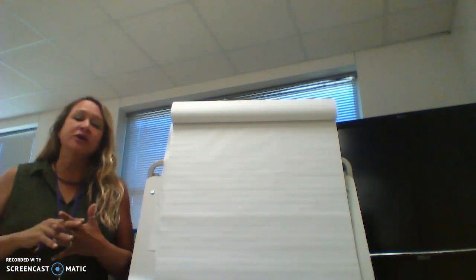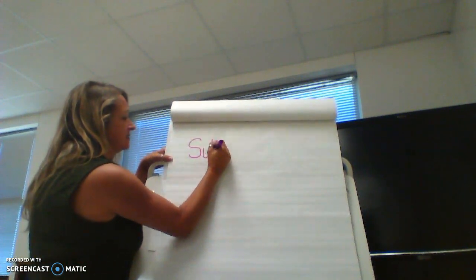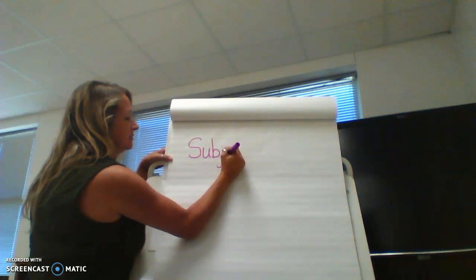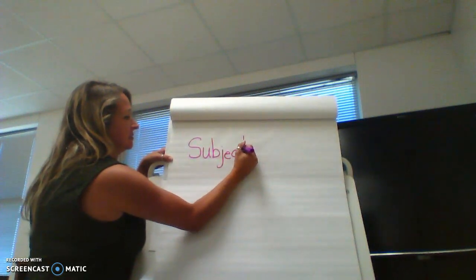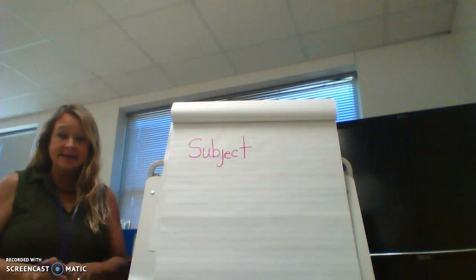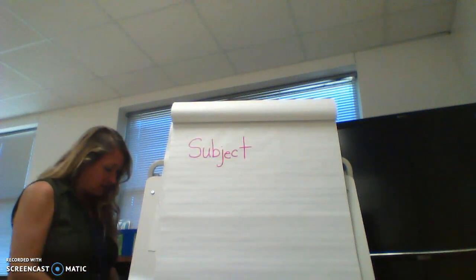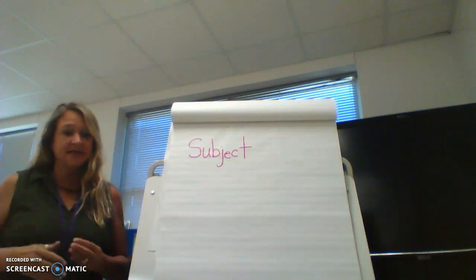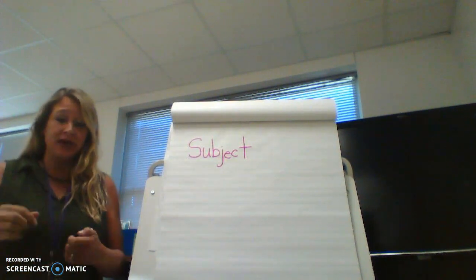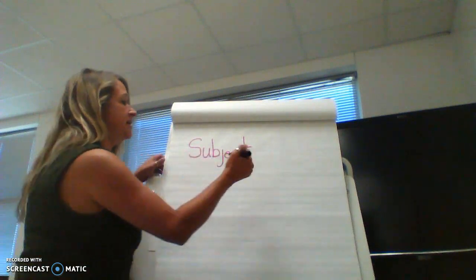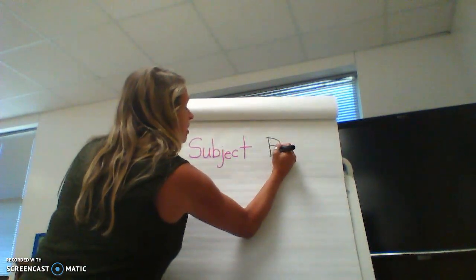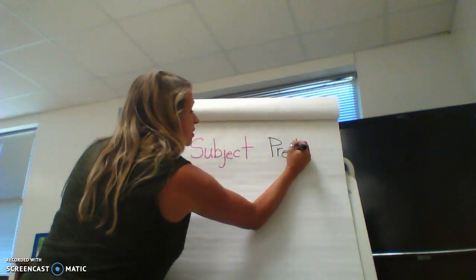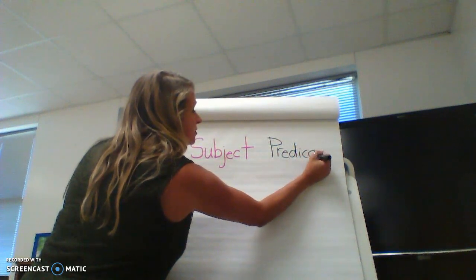So in order to have a complete sentence, all sentences must have a subject and a predicate. Remember, the subject is what Mr. Morton does, or Mr. Morton is, and the predicate is what Mr. Morton does, or what you do, or any noun.